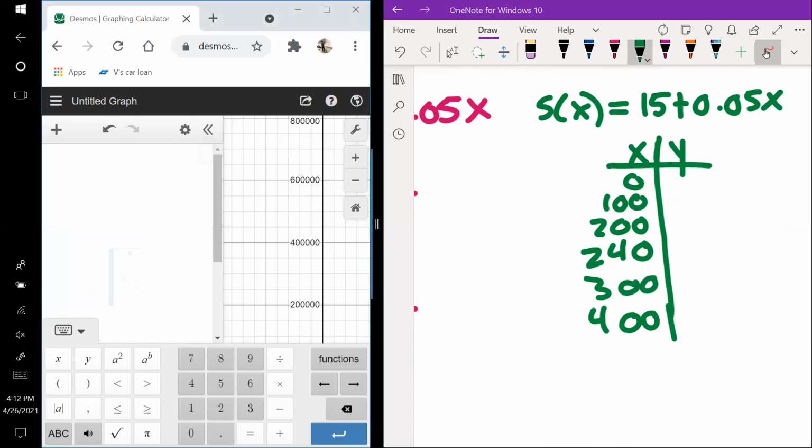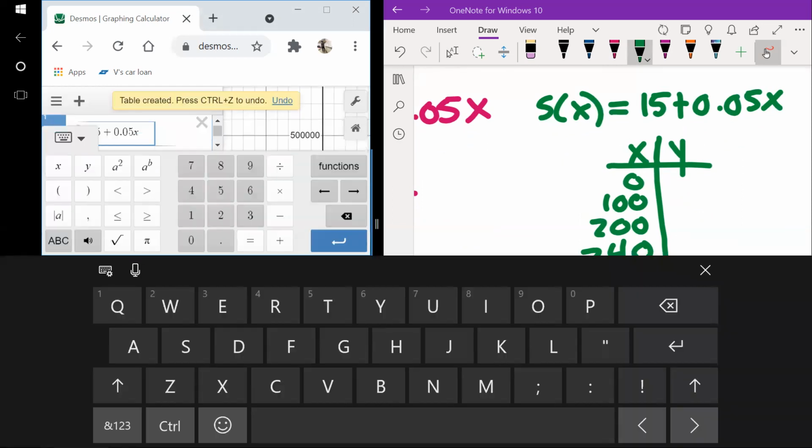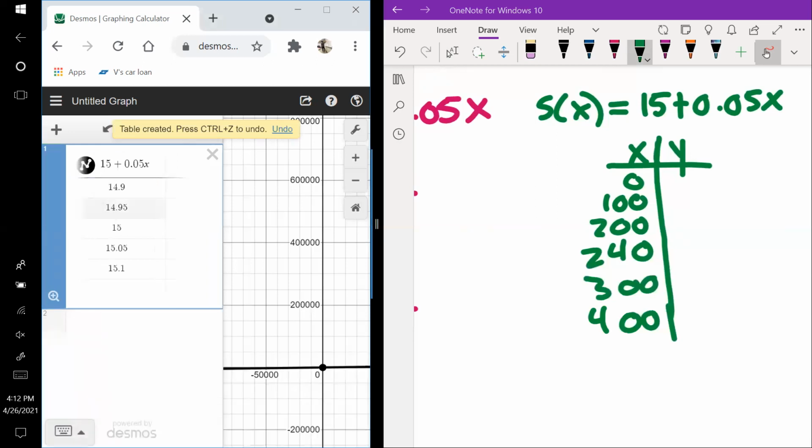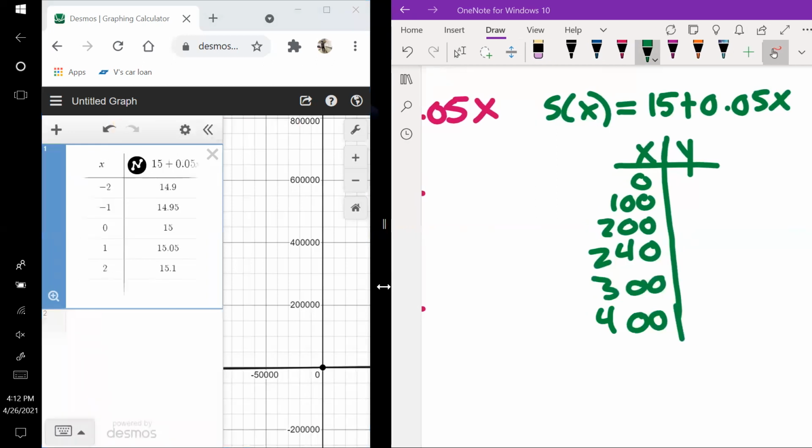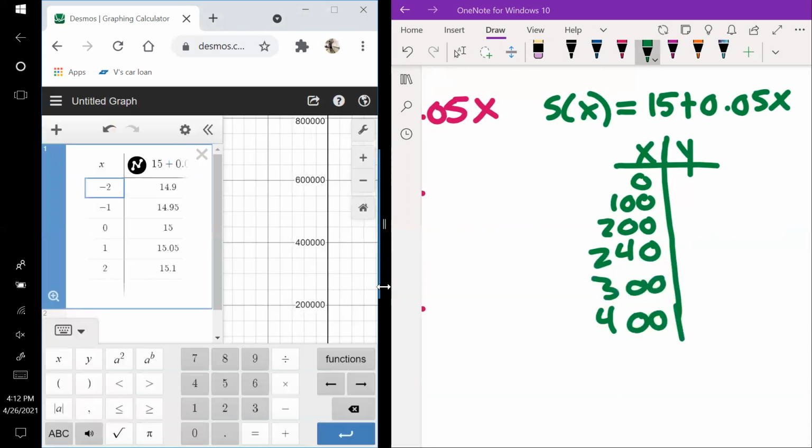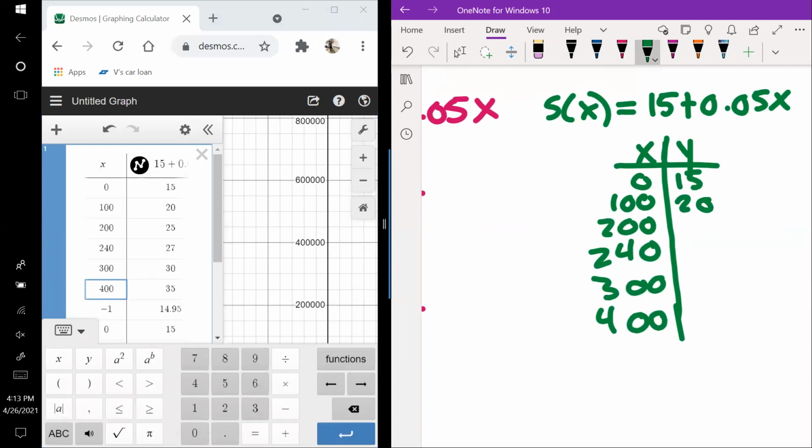Now you type that function in, 15 plus 0.05x, and we get 15, 20, 25, 27, 30, and 35.